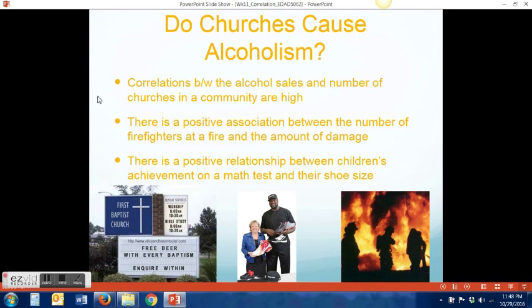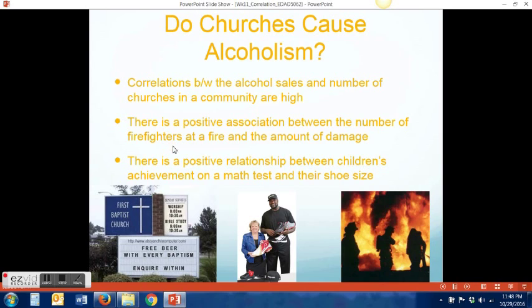It turns out that the correlation between alcohol sales and the number of churches in a community is high. We see a high correlation between these two things. Do we think there is a meaningful relationship between the number of churches and alcohol sales? I don't know.